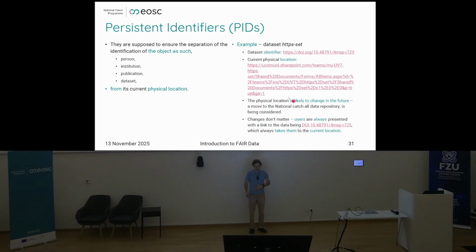So that's no problem, as the current location, this large URL, is something that will never be shown to the user. In the article, this DOI was used, and everywhere where we want to reference the dataset, the DOI is used. And the service running at doi.org will point the user to the current location.